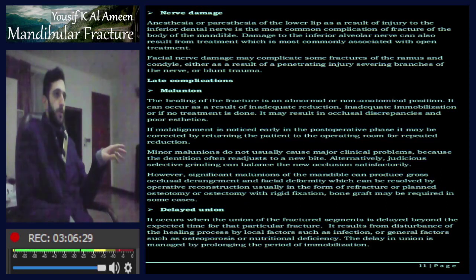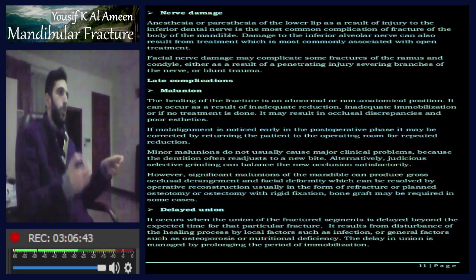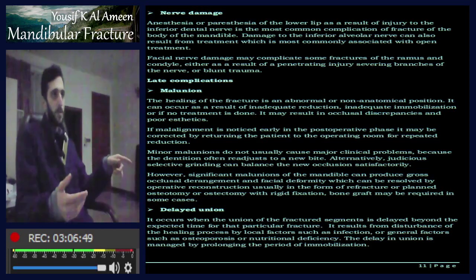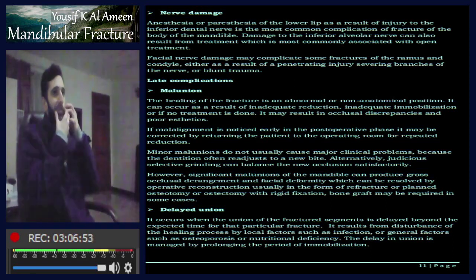Minor malunions do not usually cause major clinical problems because the dentition often readjusts to a new bite. Alternatively, judicious selective grinding can balance the new occlusion satisfactorily.